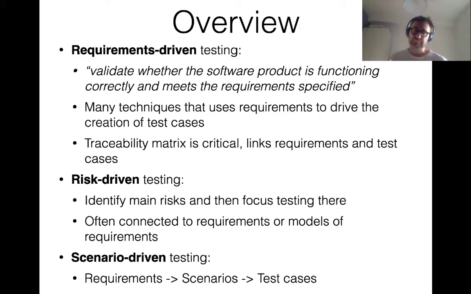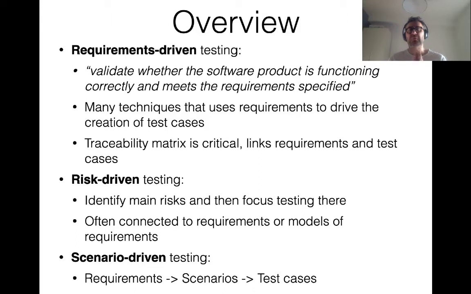Risk-driven testing is related, but it's not only starting from the requirements. Requirements is often a prerequisite, an input to risk-driven testing. So you need to understand the requirements well. And then what you do is focus on identifying the main risks that could lead to failure of the project or primarily failure of the system.